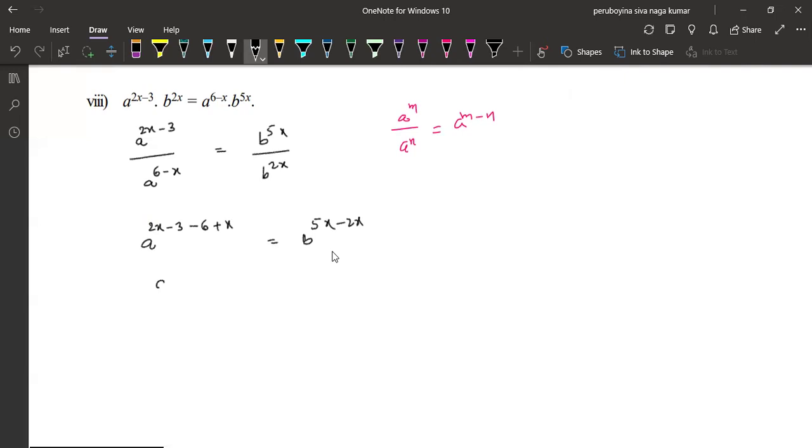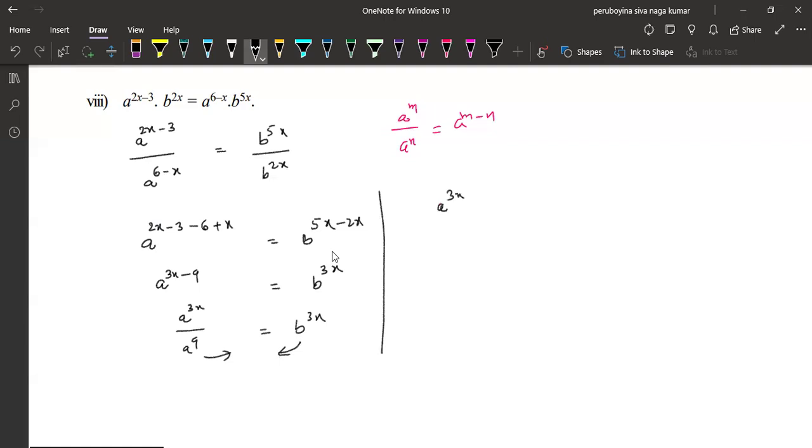So a power 3x minus 9 is equal to b power 3x. Now you can write this as a power 3x by a power 9 is equal to b power 3x. Now I am moving this b and this a power 9.